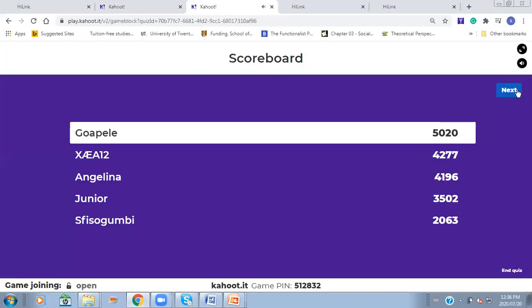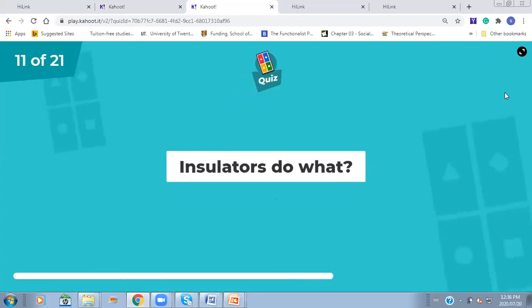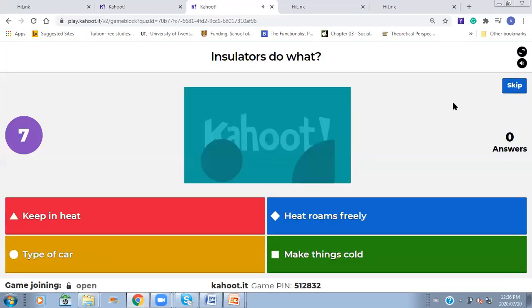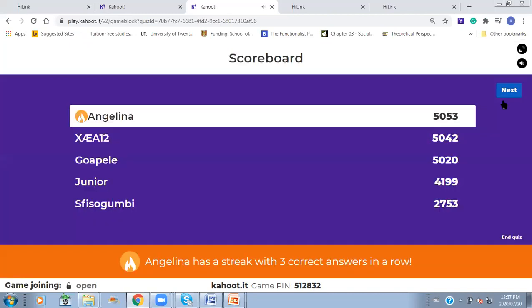Yeah. Let's go. Let's see who is going to top up again. Insulators do what? Keep in heat. All right, let's go on.